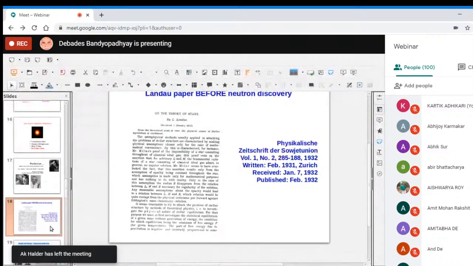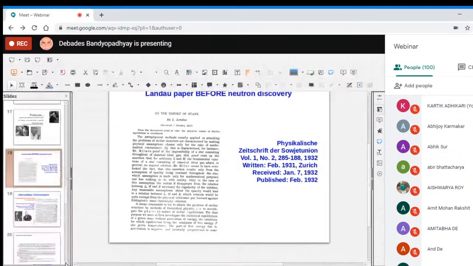So that was his prediction. A compact object as a giant nucleus. Precisely, this was his statement. We will see that later.